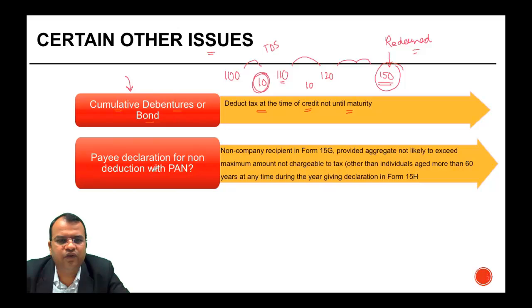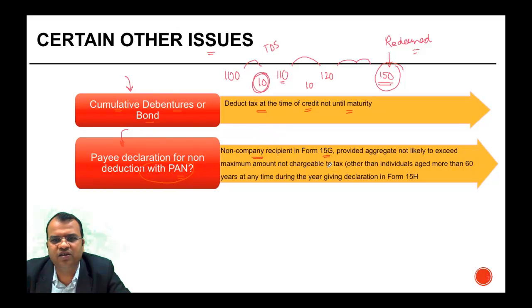Payment declaration for non-deduction with PAN. So if the recipient of income gives a declaration, I'll come to what declaration they give, and they also provide their PAN number, then in that case, they may not be liable to withholding tax. Non-company recipient, which means if the recipient is a company, the withholding tax will apply.